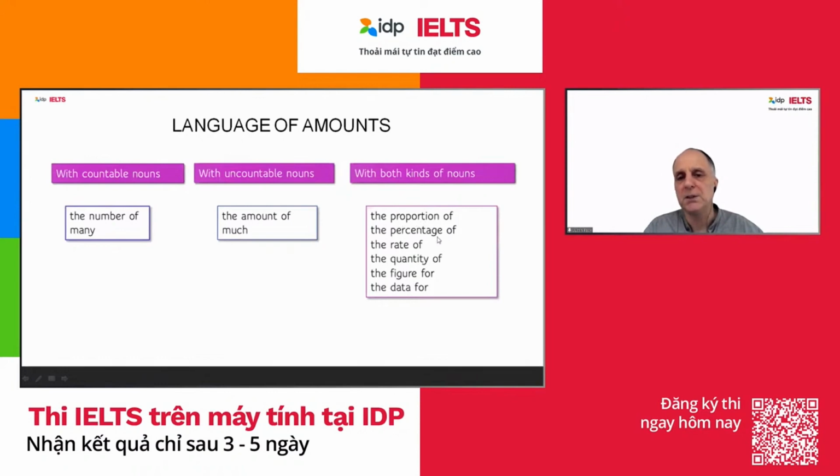The proportion, the percentage. Be careful of rate. Remember, rate is to do with speed, but it should be fine for some. The quantity, the figure, and the data. So these are good ones to use.